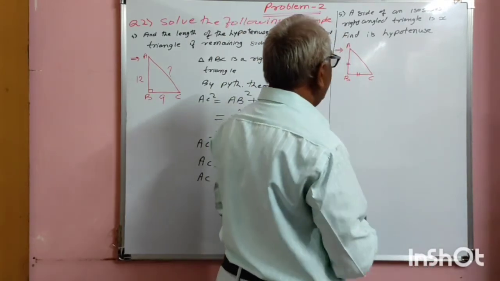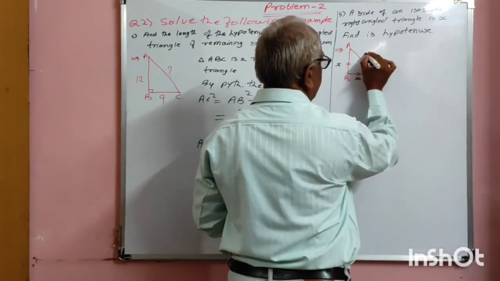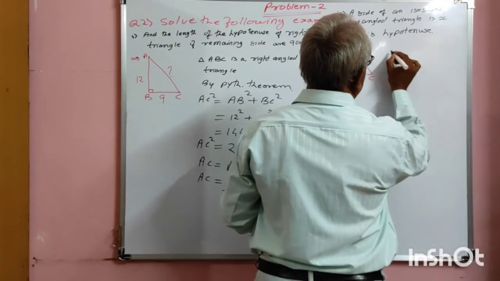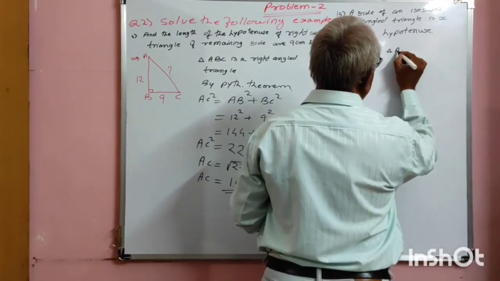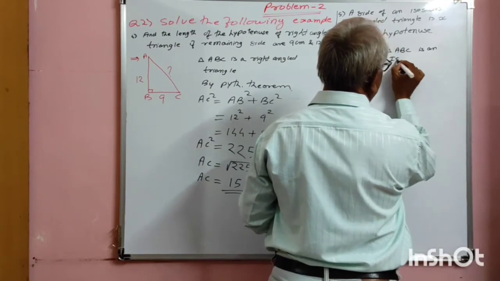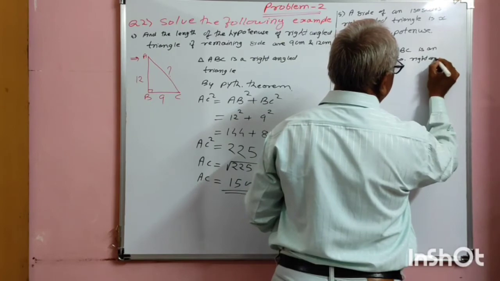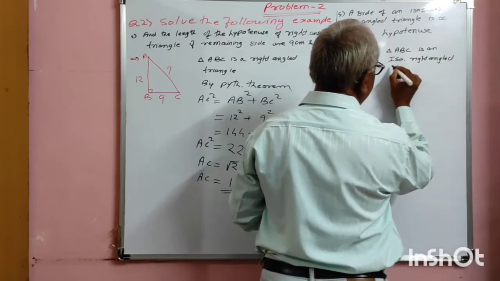That means AB is equal to BC, which is X, and AC you are going to find. Triangle ABC is an isosceles right angled triangle.